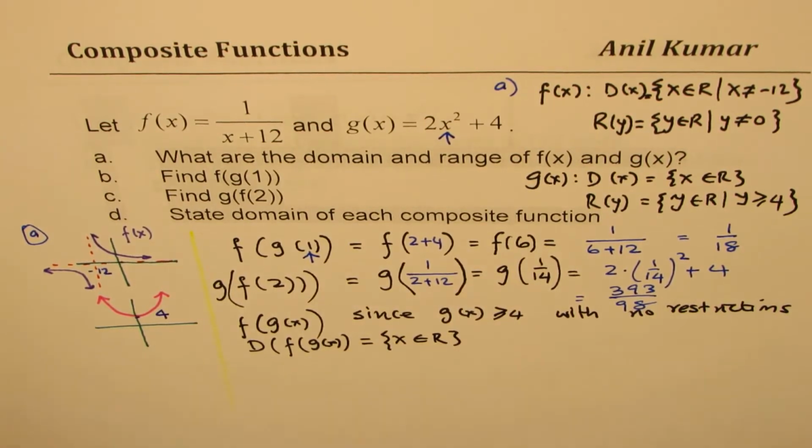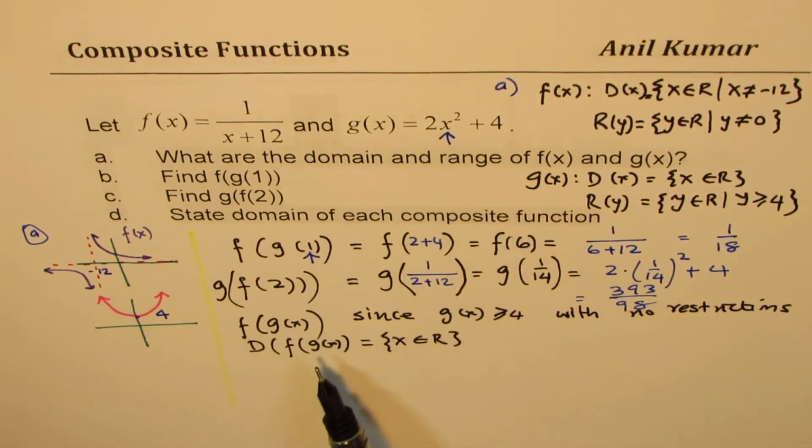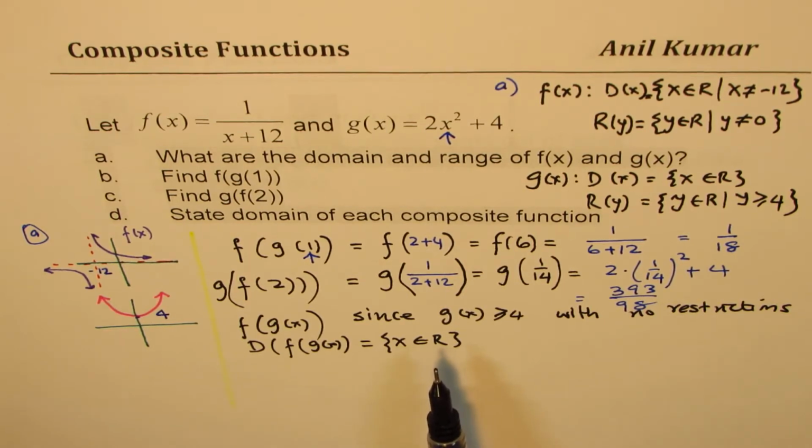Do you see that part? Correct? So I have not even calculated what f of g of x is, but I'm able to say what the domain could be. Perfect? You could do it like this.